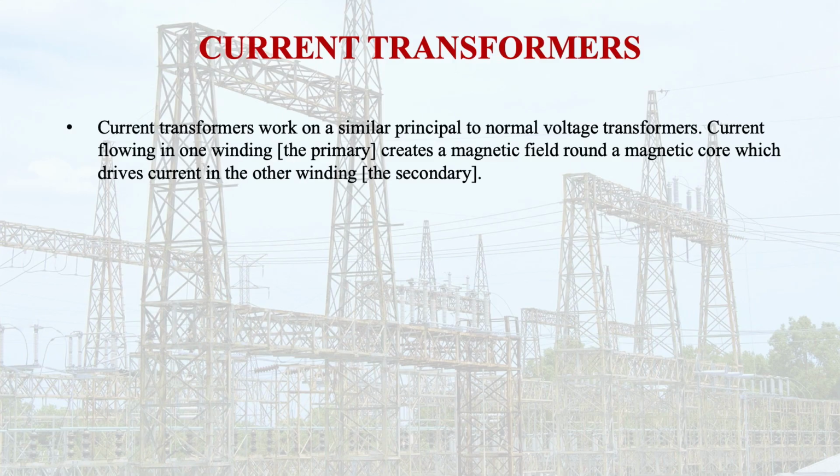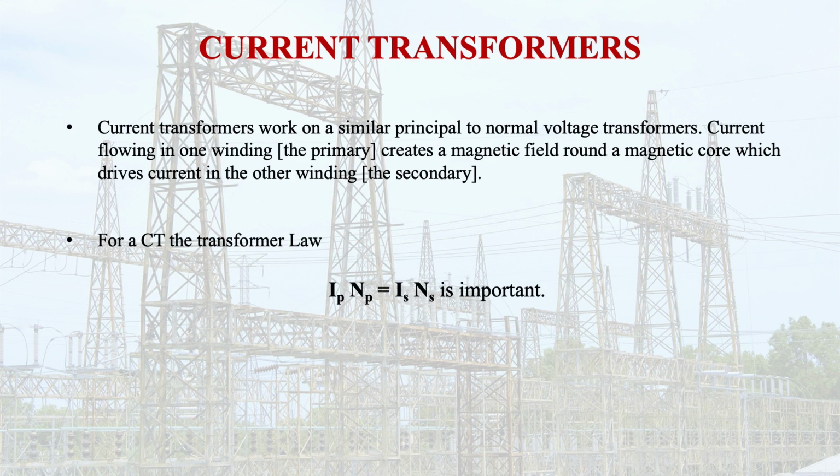A current transformer works on a similar principle to the normal voltage transformer. Two windings are wound around a magnetic core, just like in other transformers. The current flowing in one winding, the primary winding, creates a magnetic field which drives current in the other winding, the secondary winding.